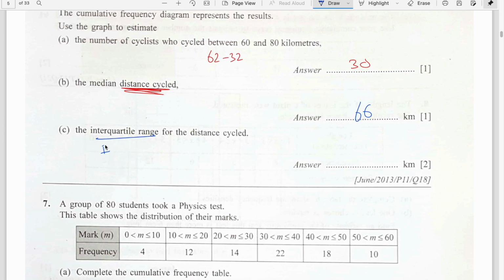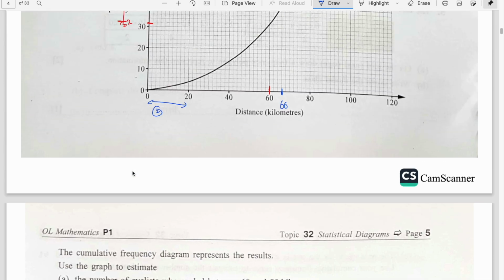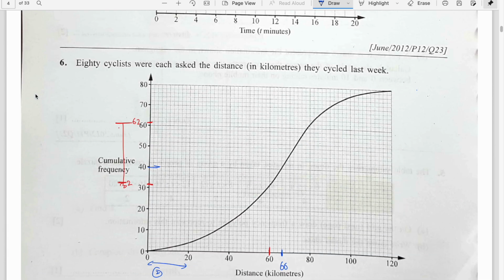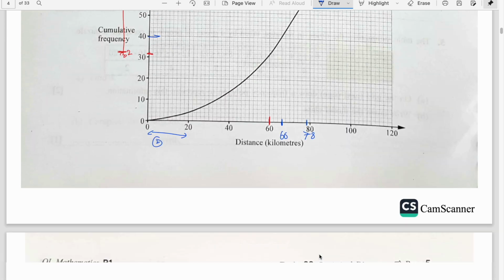Interquartile range. Interquartile range is upper quartile minus lower quartile. Upper quartile is 75% of 80, or 3 by 4 of 80 is 60. So we go horizontally at 60, it intersects at this point, and this is 78.